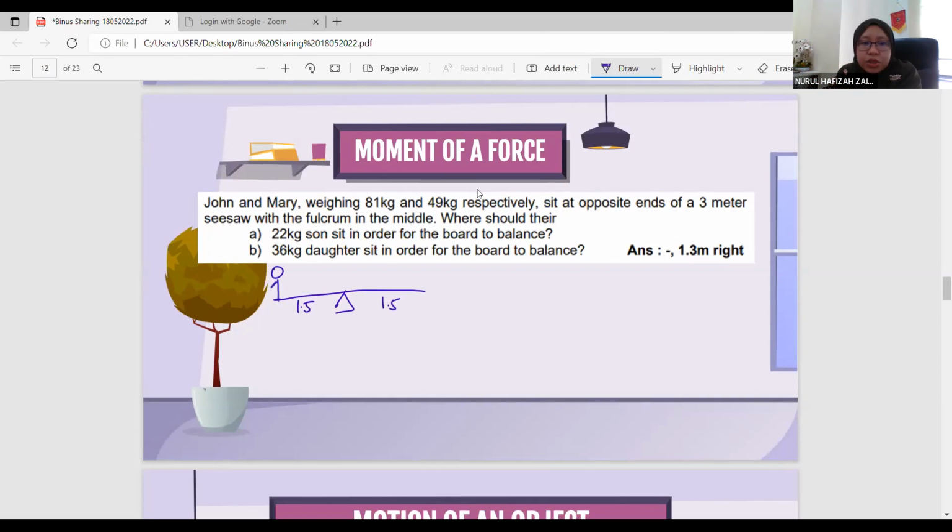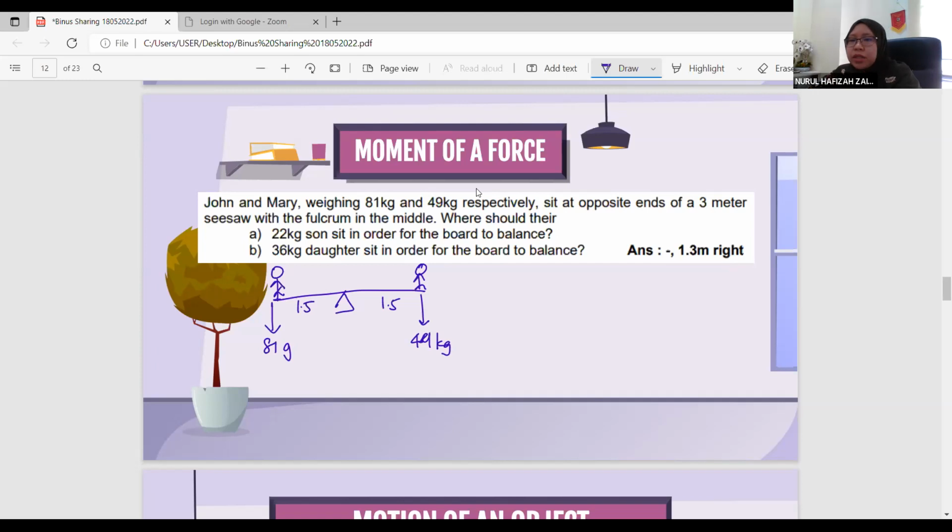And then let's say John is 81g, which is in Newtons. 81 kilograms is equal to 81g, referring to gravity, Newton. And then we have this one, 49 kilograms.